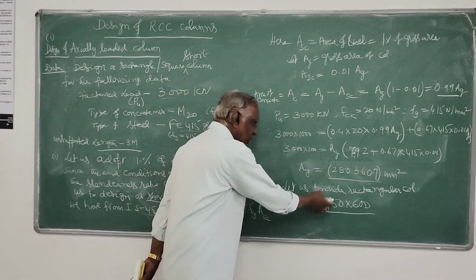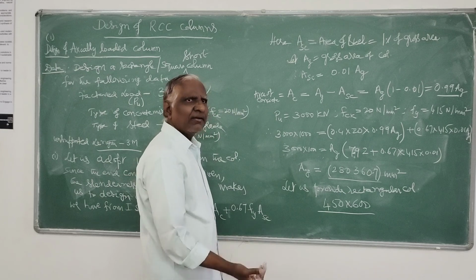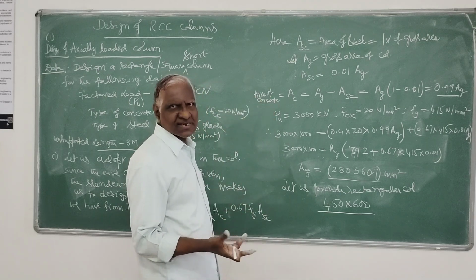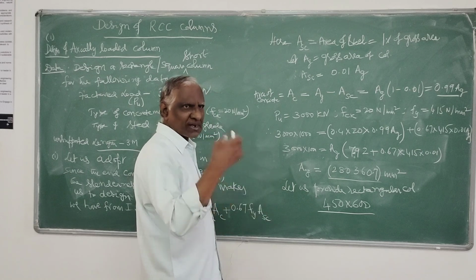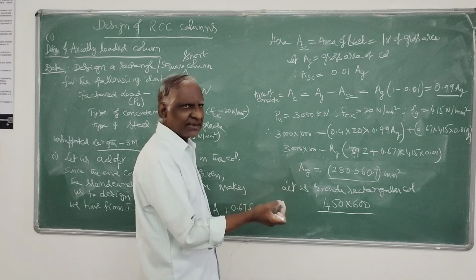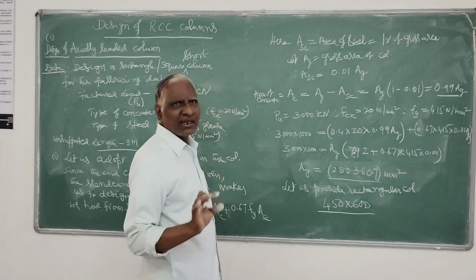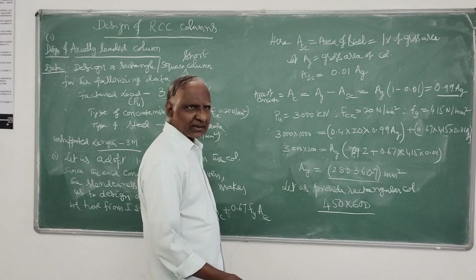Though it is lesser than this, preferably we go for a little bit lesser than that, and we can play around with the steel. Steel area will be more, because anyway we have to go for multiples of 2 or 4 bars only. Invariably it will be on the higher side. So here we select a little bit lesser side, but not too much difference. That you have to decide.